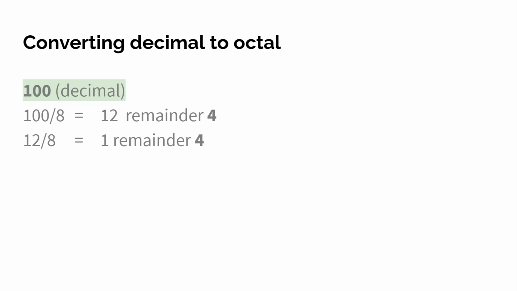We then go on again with the 1. 1 divided by 8 is 0 with a remainder of 1. What we now do is we take these remainders from the bottom to the top, and that is our octal number. So 100 decimal converts to 144 in octal.